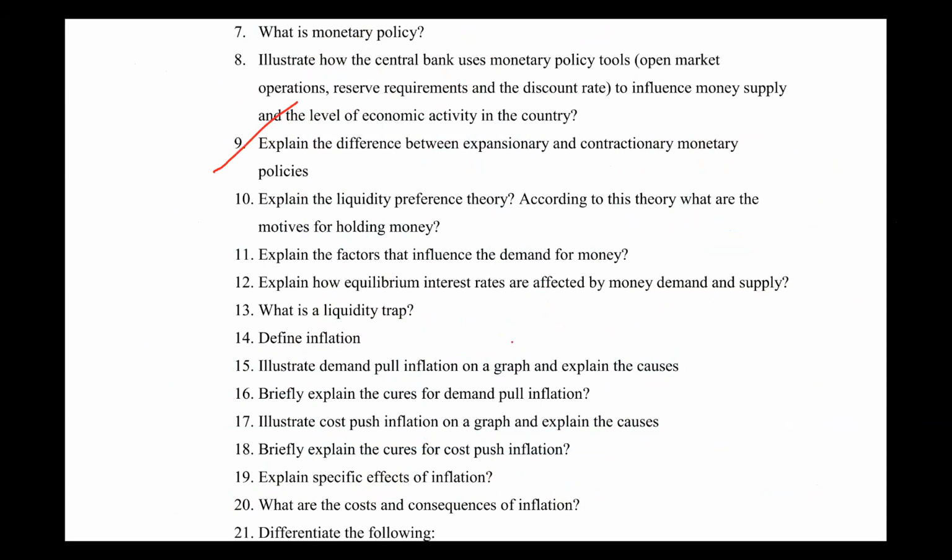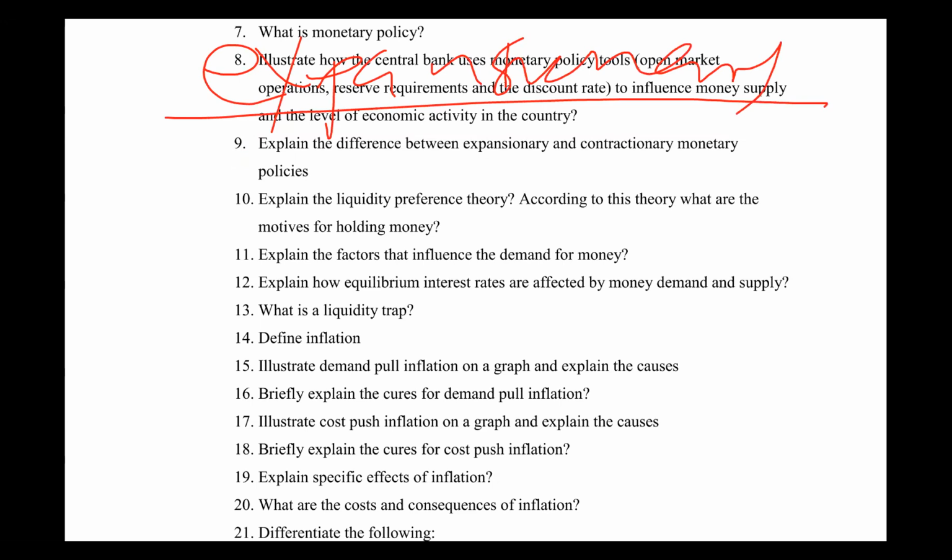Okay. Explain the difference between expansionary and contractionary monetary policies. So what is the difference? It's basically the same thing that I've just explained. The expansionary monetary policy is used to increase money supply. This simply means increase money supply, okay?